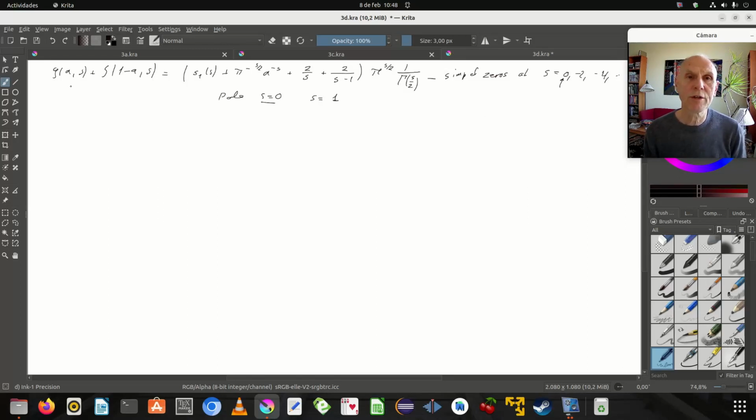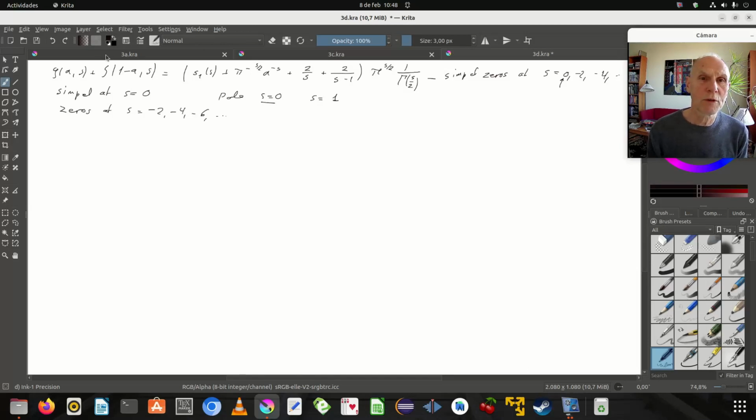So that means that this function has a simple pole at s equals naught and zeros at s equals -2, -4, -6, etc. All right.